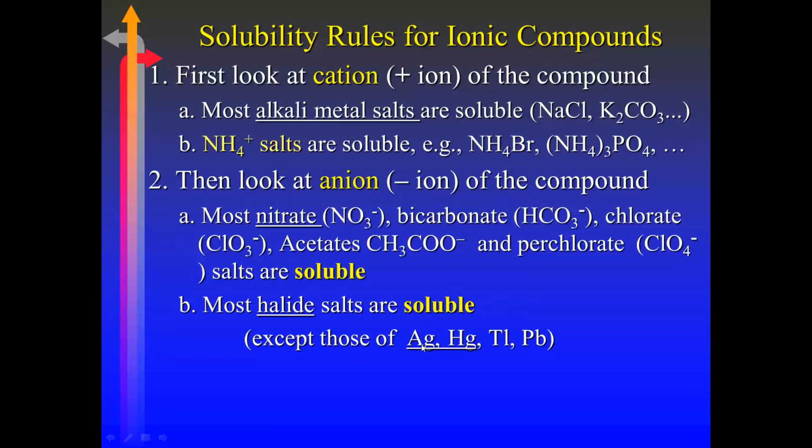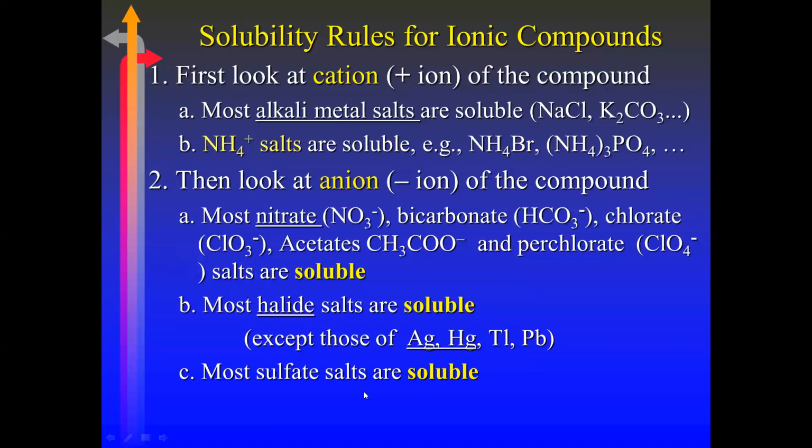However, if these halide ions meet these 4 ions, they will form insoluble compounds. Especially pay attention to silver and mercury. I also suggest you take out your periodic table and mark these 4 elements to see where they are located.